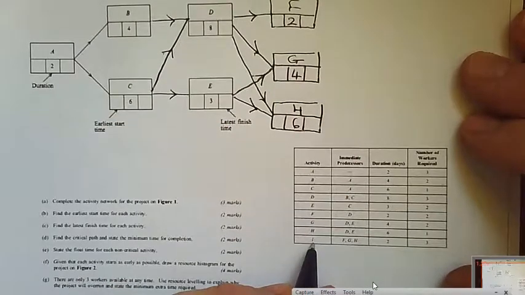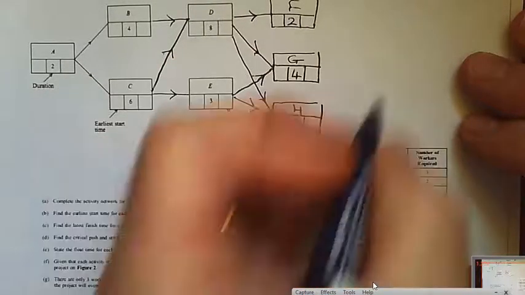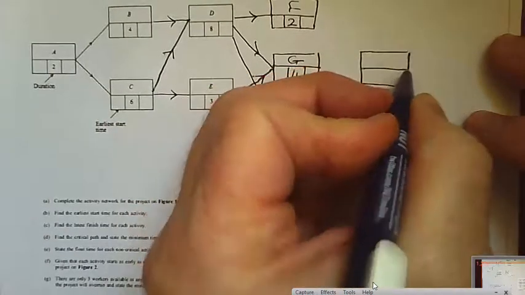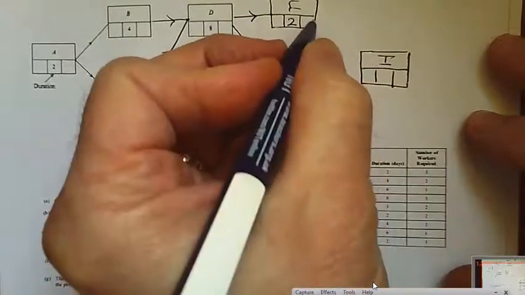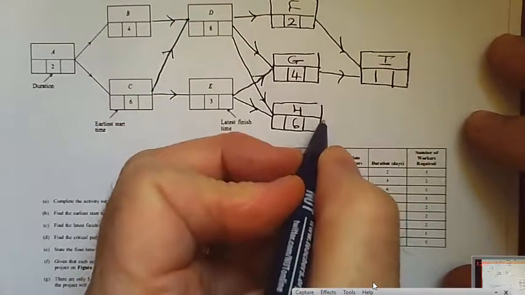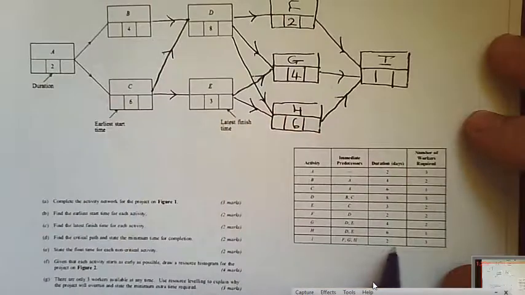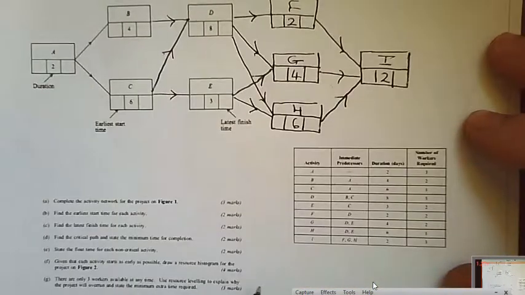And then we have finally activity I, which is preceded by F, G and H. So lines with arrows from F, G and H, and I takes 2 days.